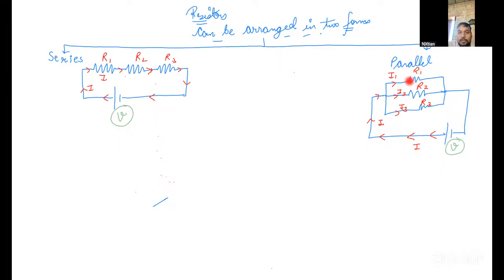Current always wants the shortest path and the less resistance path. Here, there is a single path, so the current has to go with that resistance only. It doesn't have any option. But in this case, based on the resistance, the current will divide because it has different paths. So I1 will go according to R1, I2 will go according to R2, and I3 will go according to R3. After they separate, they will become one again, like this.